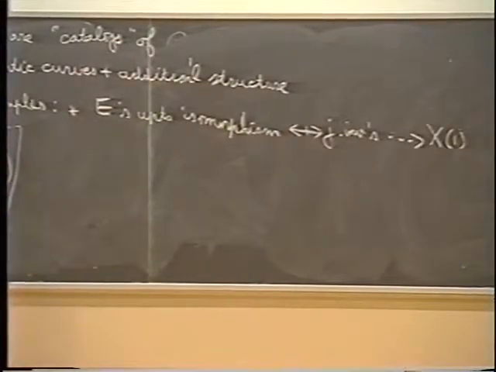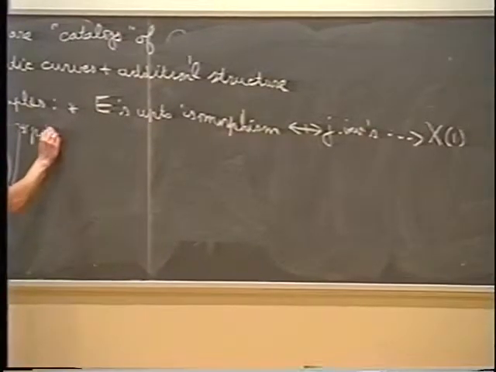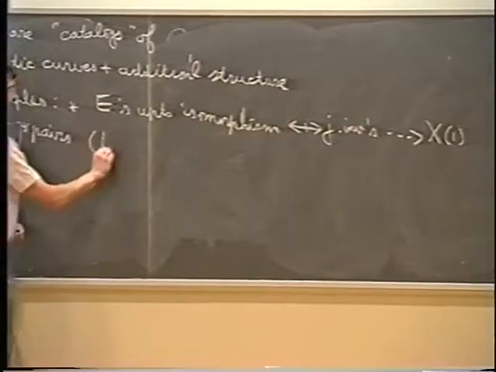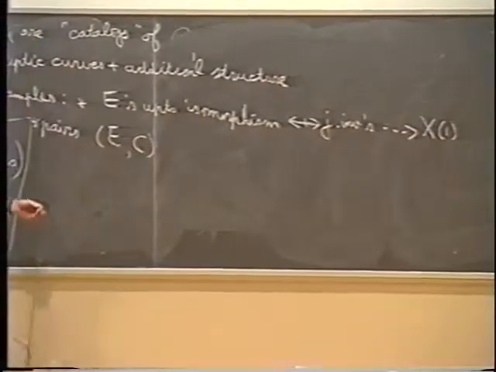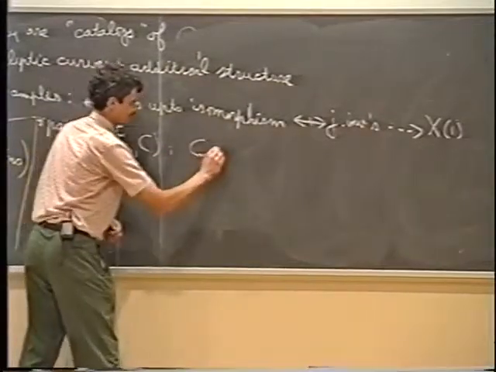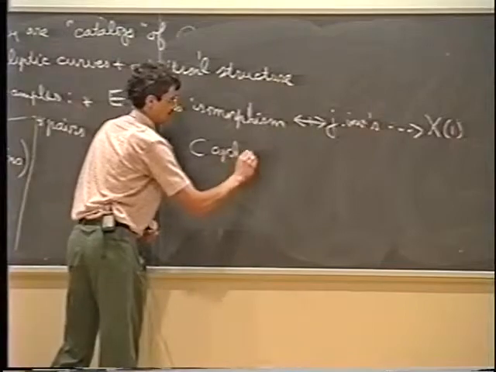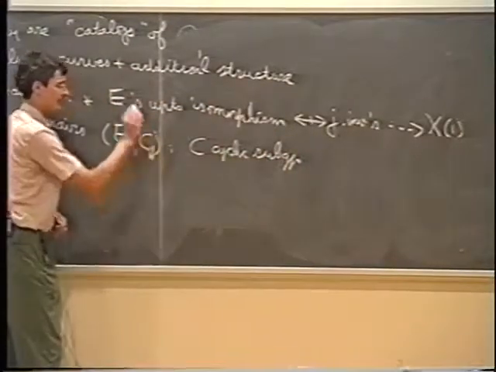Then you can look at another example. You look at pairs, say an E and a C, in which you demand that C is a cyclic subgroup. Let's call it Cn.